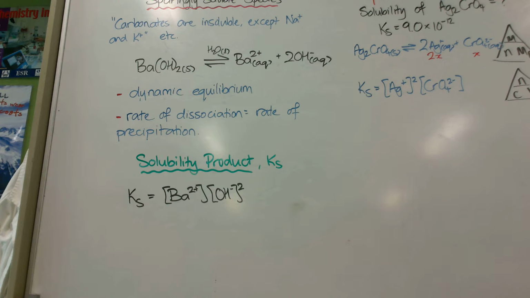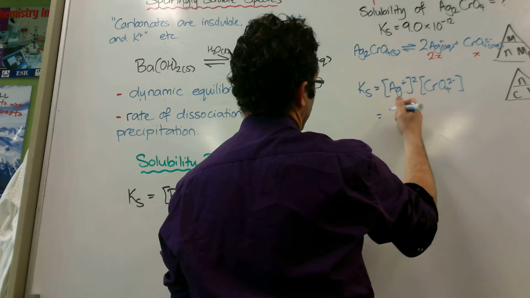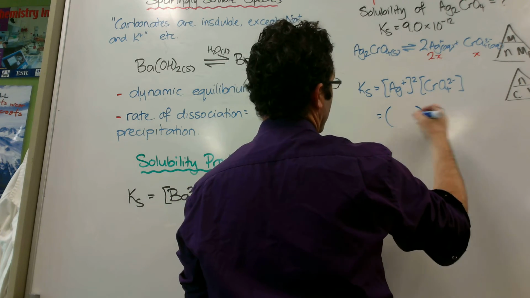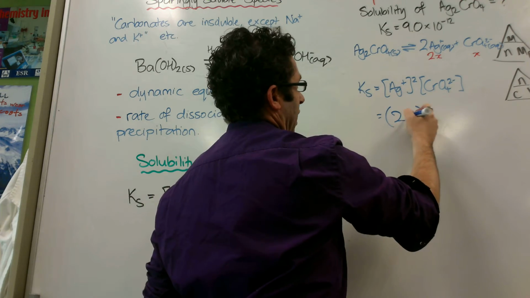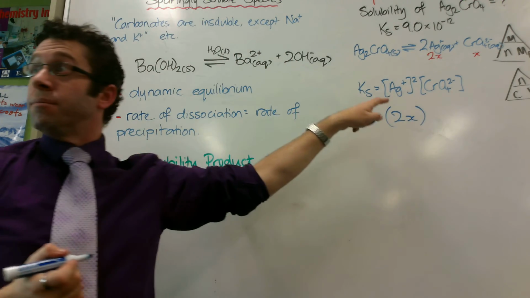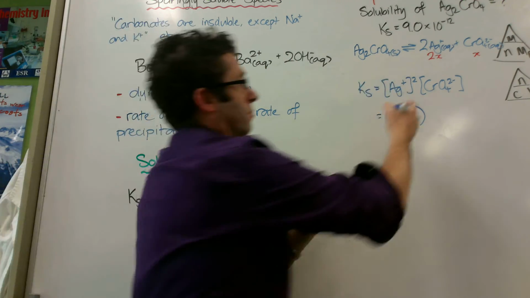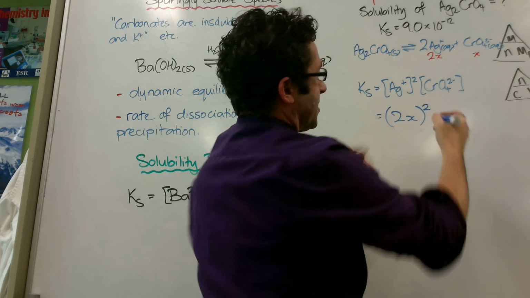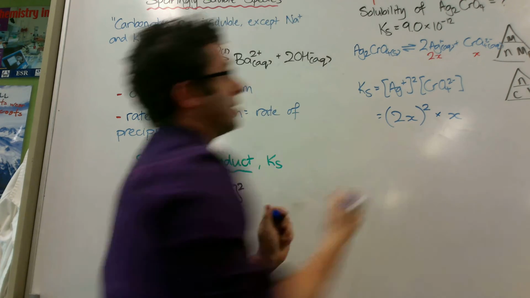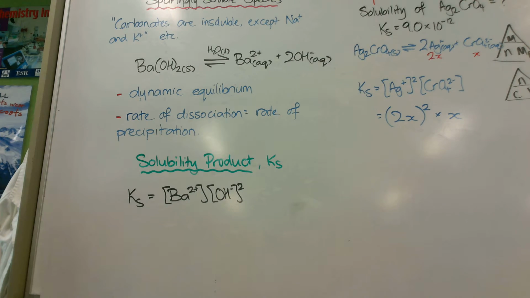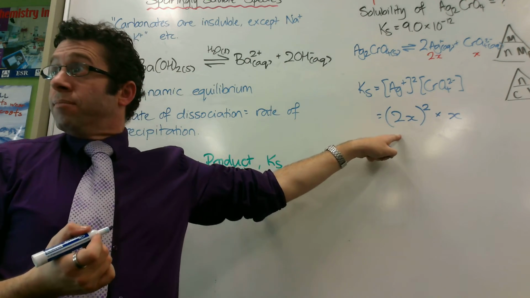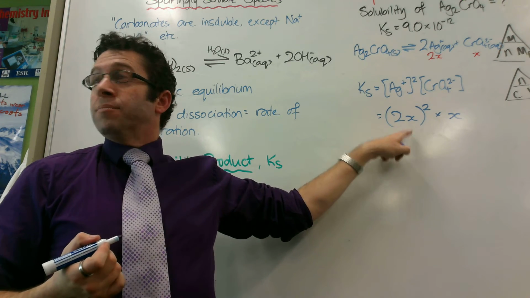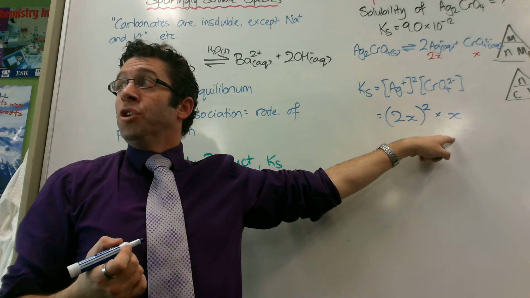So I'm going to go, my 2x goes into here, and if I look at this, it says to square it, and this is x, so it's going to be times x. 2 squared is 4, x squared is x squared, but x squared times x would be x cubed.